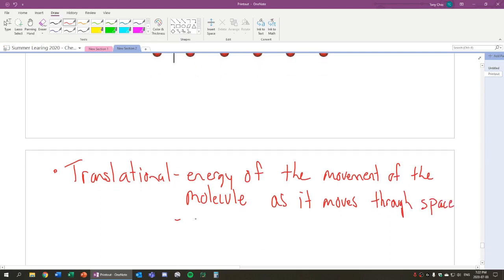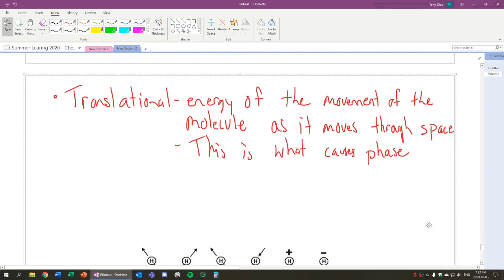This is what causes phase change. So when you look at, for example, translational, as you increase the translational energy, these molecules are moving faster, and if they're moving faster, they can actually change phase.